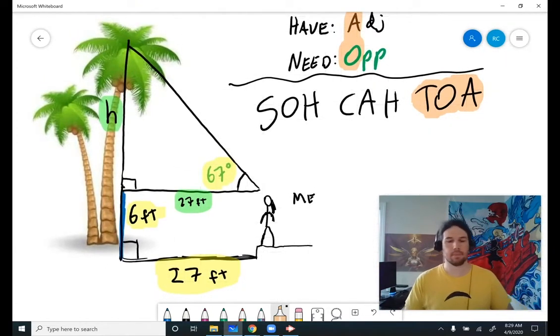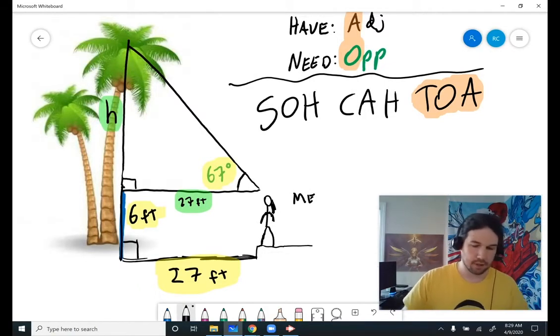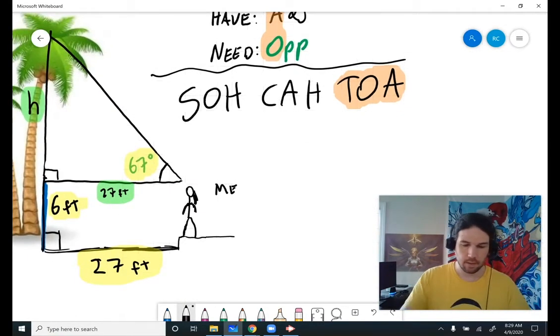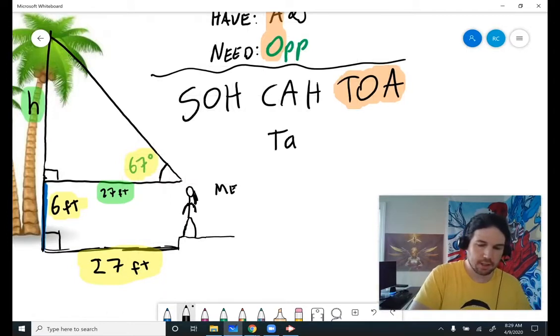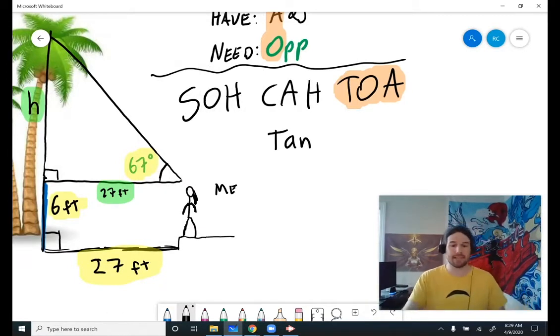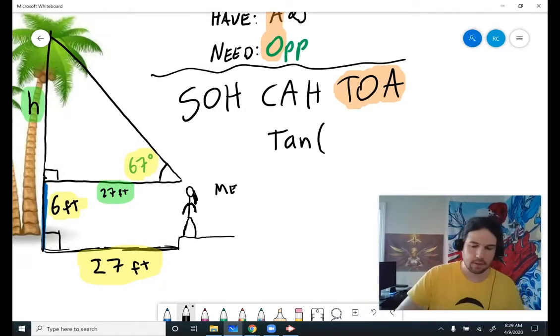Okay? So we're going to use tangent. But remember, tangent is nothing by itself. We have to say tangent of, well, that looks like 67 degrees to me.